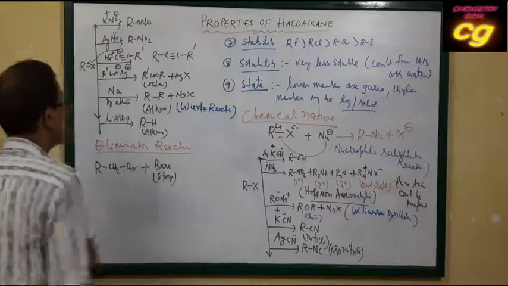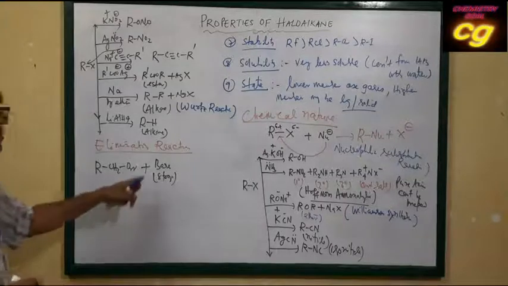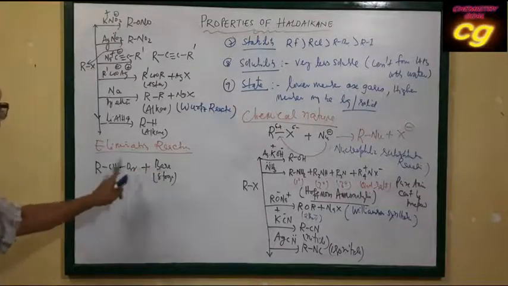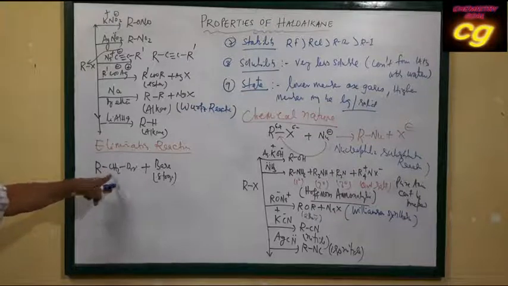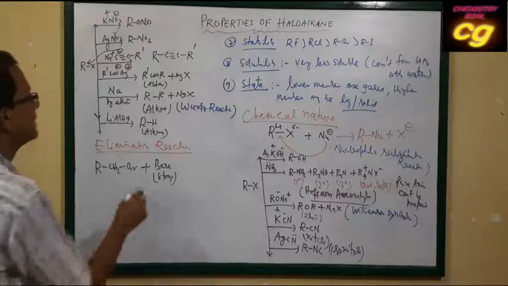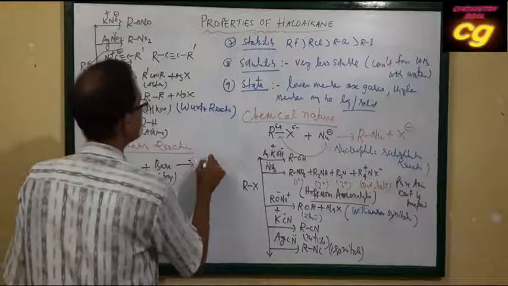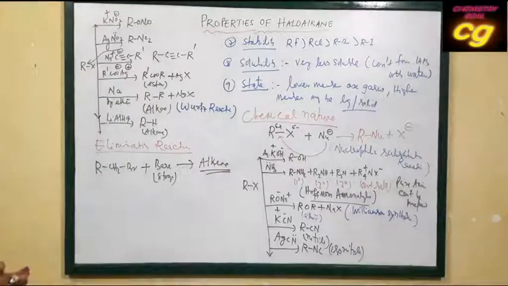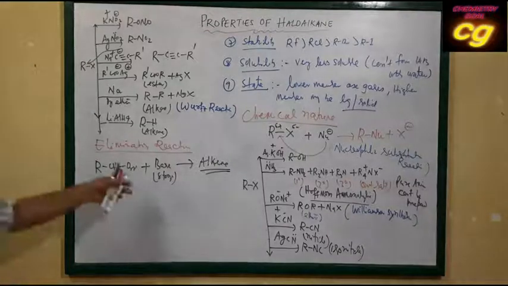If you use a strong base, what happens? What is the role of the strong base? It will remove hydrogen from the haloalkane and form alkene. It will produce alkene. Let us discuss this very important reaction.